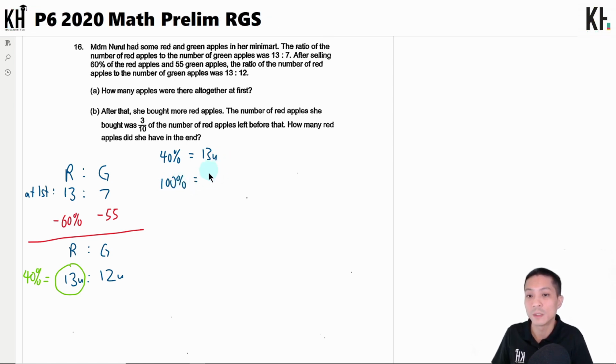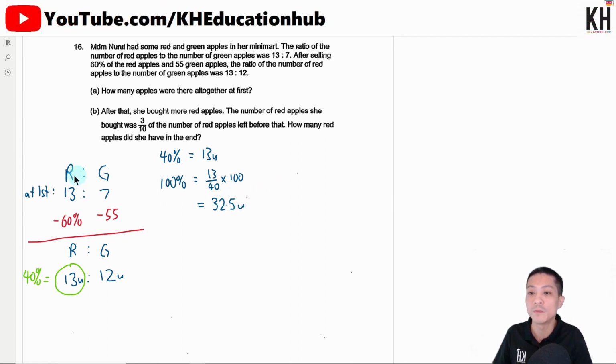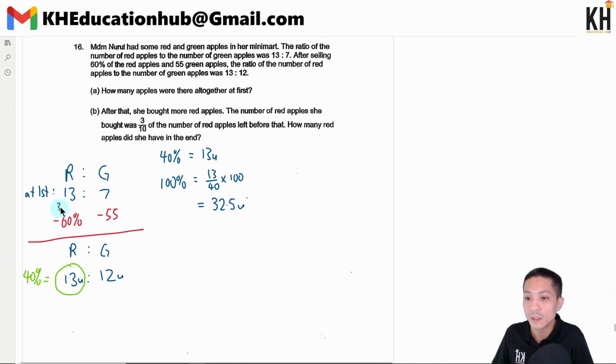Okay, that will be 13/40 times 100. Okay, it is 32.5 units. Okay, so which means that at the beginning it should be 32.5 units, right? We try to squeeze this over here, 32.5 units.